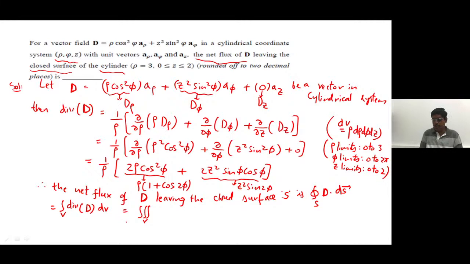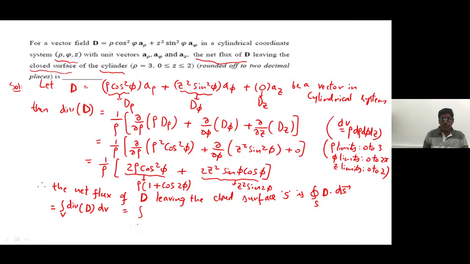So I can write directly the sum of these two terms as triple integrals. It is better to evaluate directly.